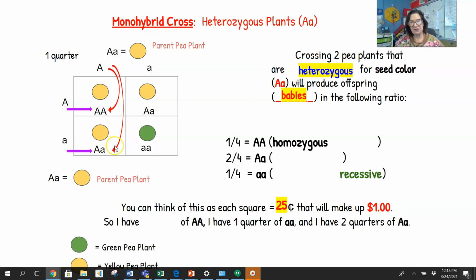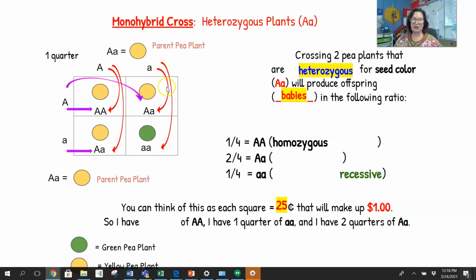And my dominant trait is yellow for that big A, so that's why I have a yellow pea here. And then we're going to go here. My little a comes down, and my big A is coming over. So this is giving me that heterozygous trait again, which since my capital A is dominant, it will be a yellow pea.